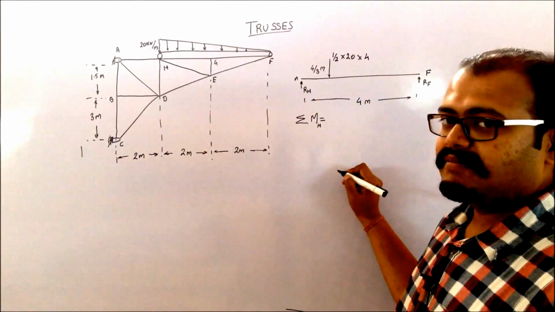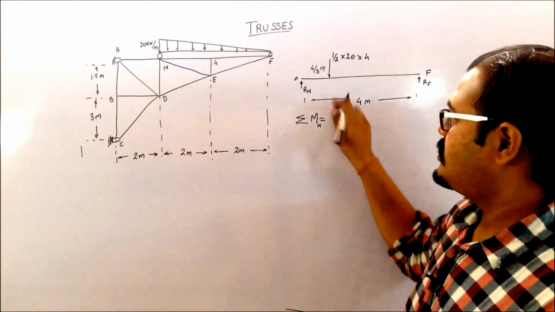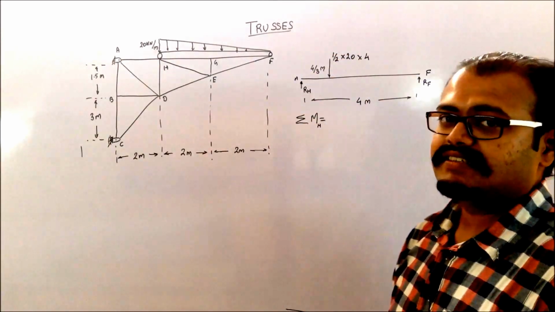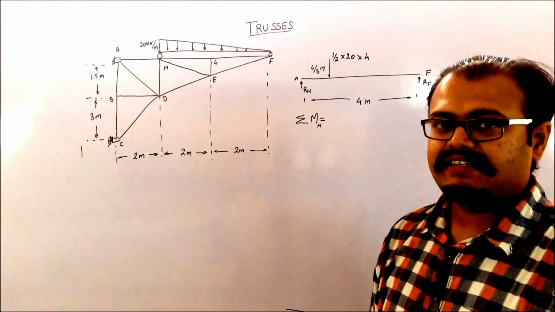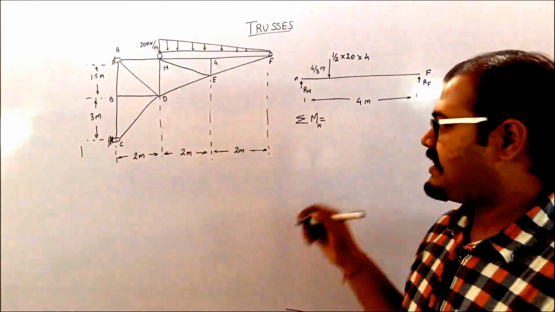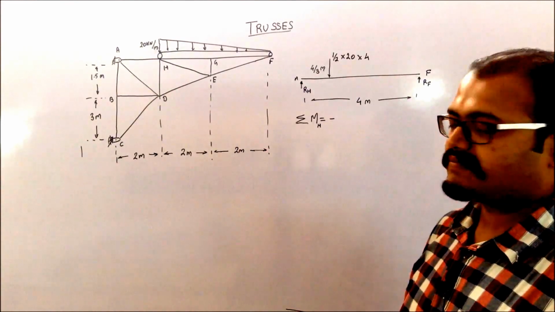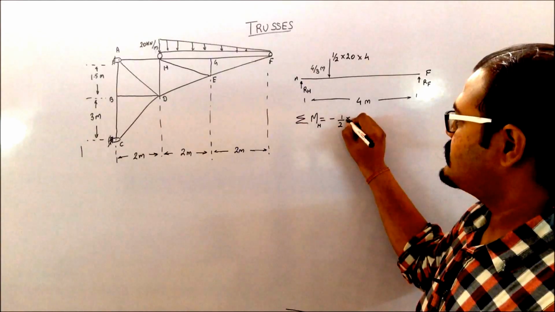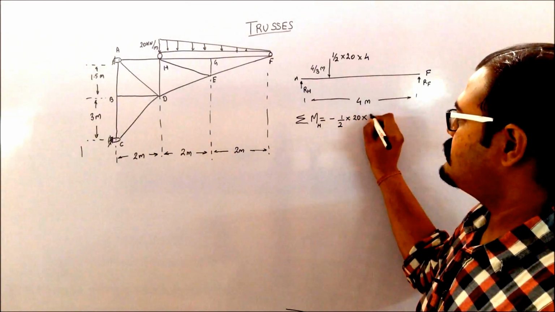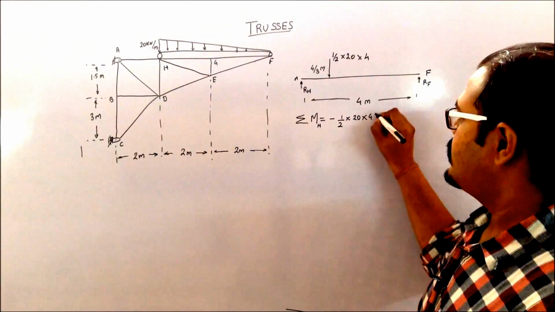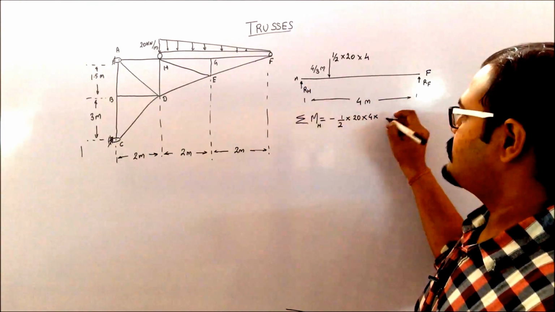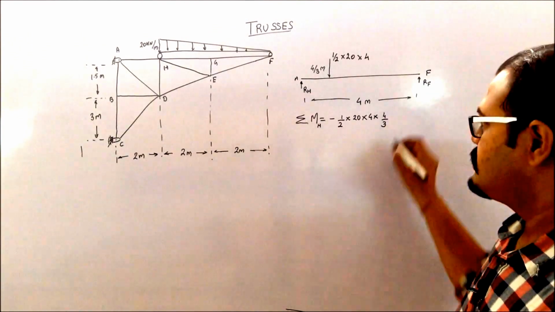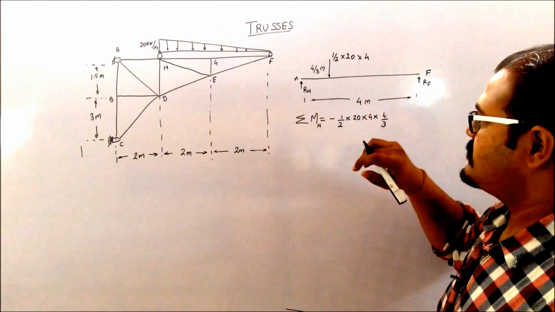So my summation MH will be equal to, because of this particular force about H, the force is moving the rod in the clockwise direction, so it will have a magnitude of minus. So minus, and the force is half, 20 into 4, into the distance from H, which is 4/3. So this is for this particular force.